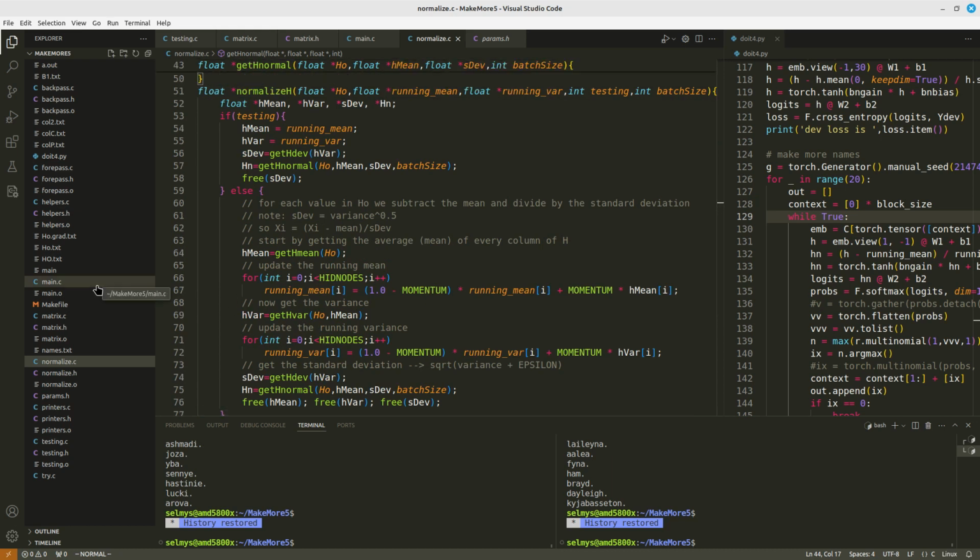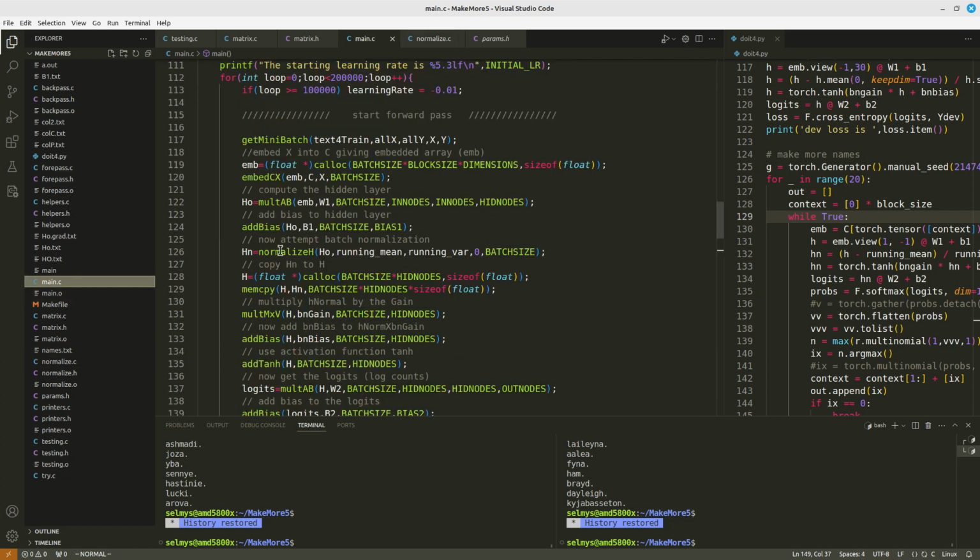If I go back to the main here, you can see after normalization, what I did was I copied the normalized layer into H here, just so I could use H the rest of the way down doing the forward pass. And I also save HN for later use.